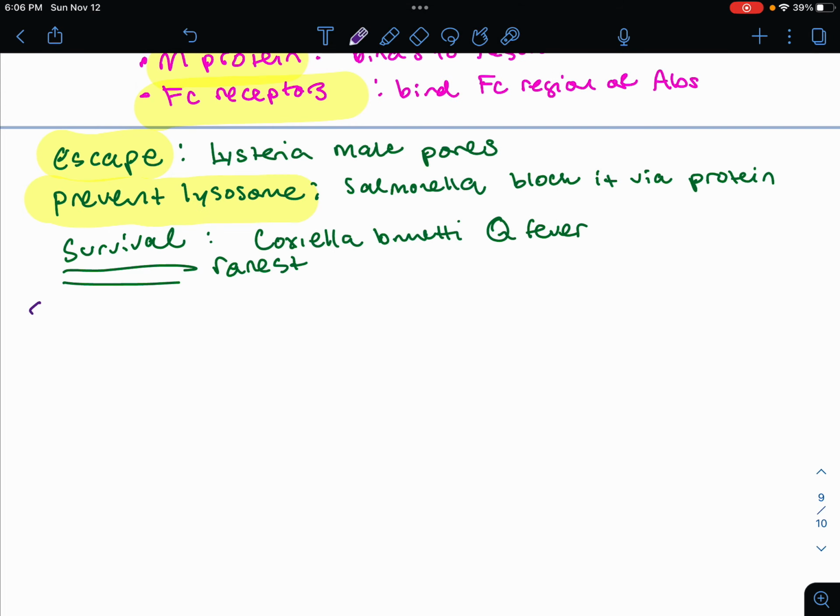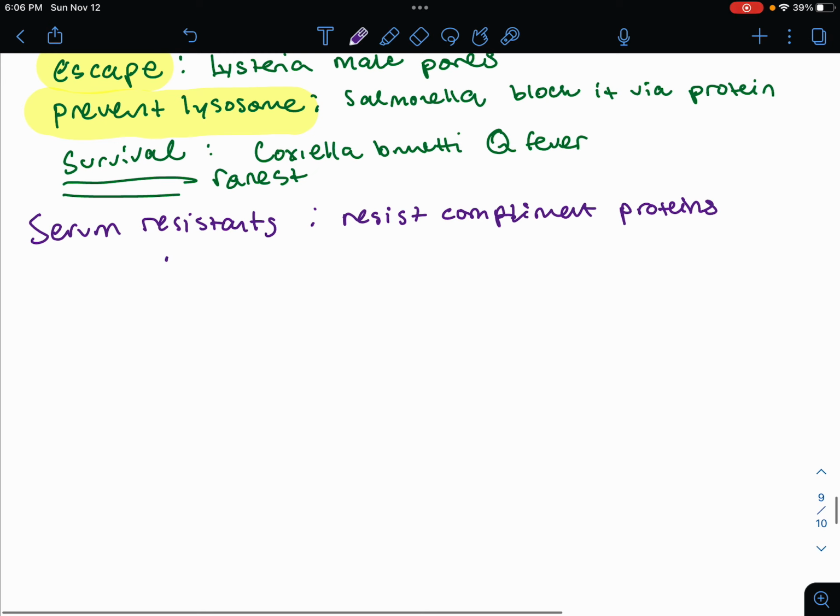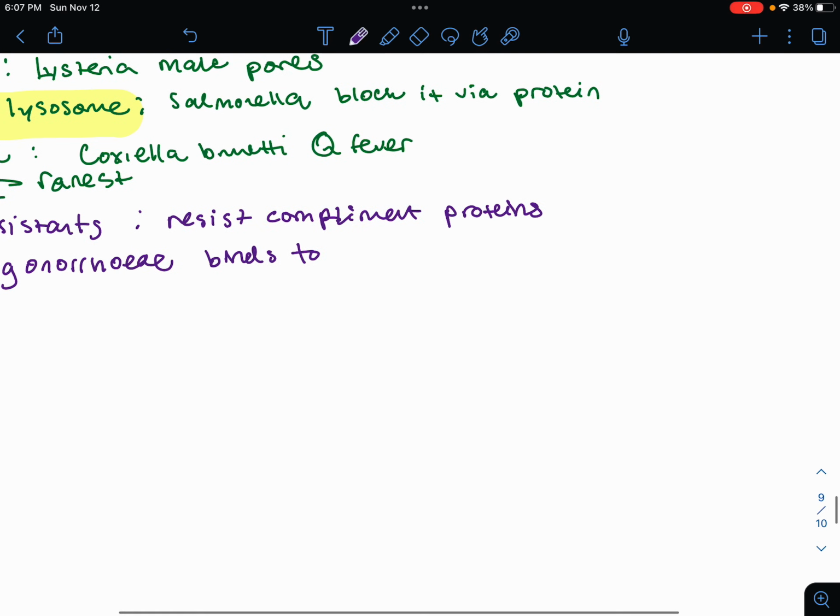Serum-resistant bacteria are going to resist complement proteins. For example, gonorrhea, the bacteria that causes gonorrhea, will bind to the regulatory proteins to prevent the formation of that membrane attack complex.